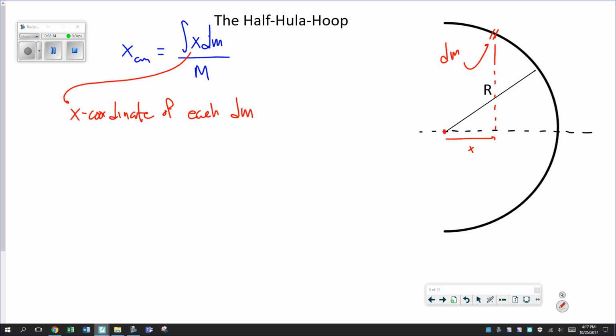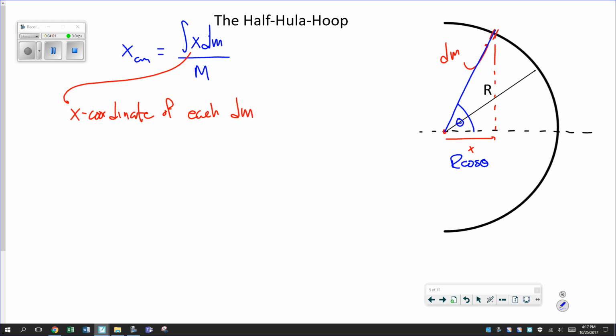What you might be able to tell is that we can locate that dm by looking at the angle that that radius makes with the horizontal. Let's call this theta. So maybe you can tell that this x is r cos theta. Fair enough? So that's the x-coordinate of my dm.